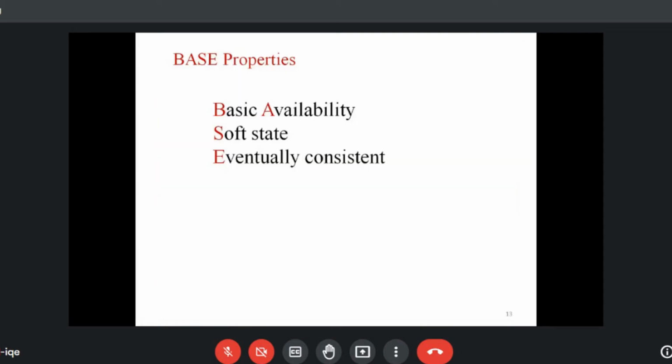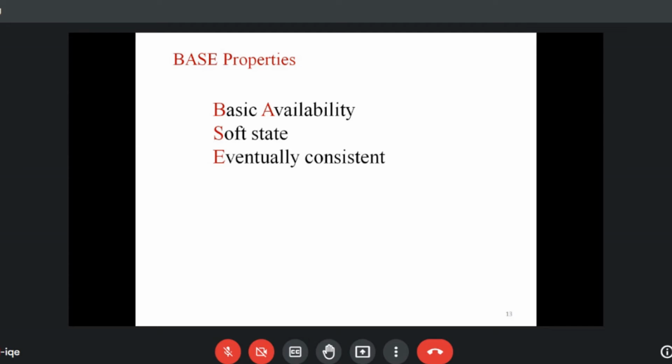Because of this new scenario of commodity hardware availability, cloud computing and cheap cost of hardware, these NoSQL databases have become popular, and new applications also require such solutions.